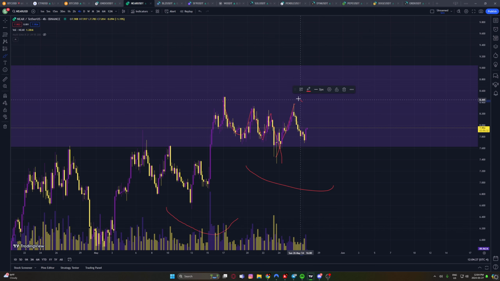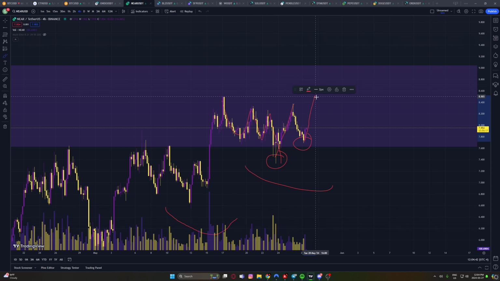This is switching to an uptrend because this high is higher than this high and also this one. That's a good sign too. So now all we need to confirm an uptrend is a higher low compared to this low. So now we should go something like this. It might not be as sharp, it could be shallower or sharper, but that's the general idea.